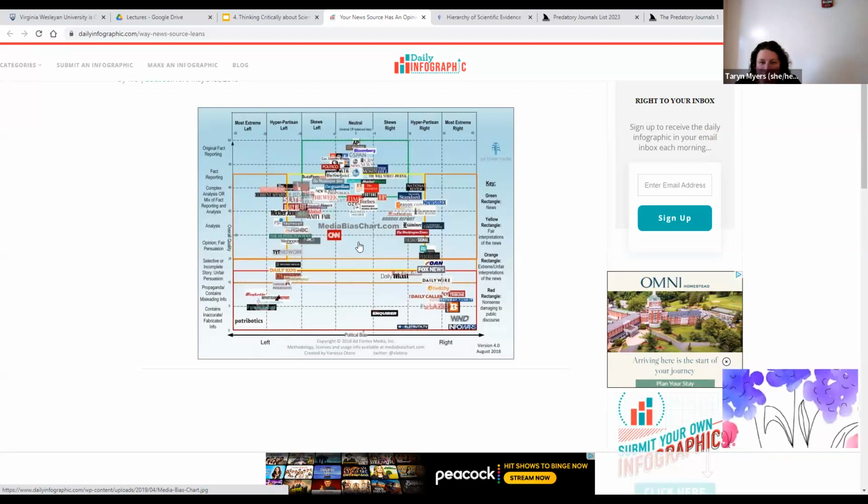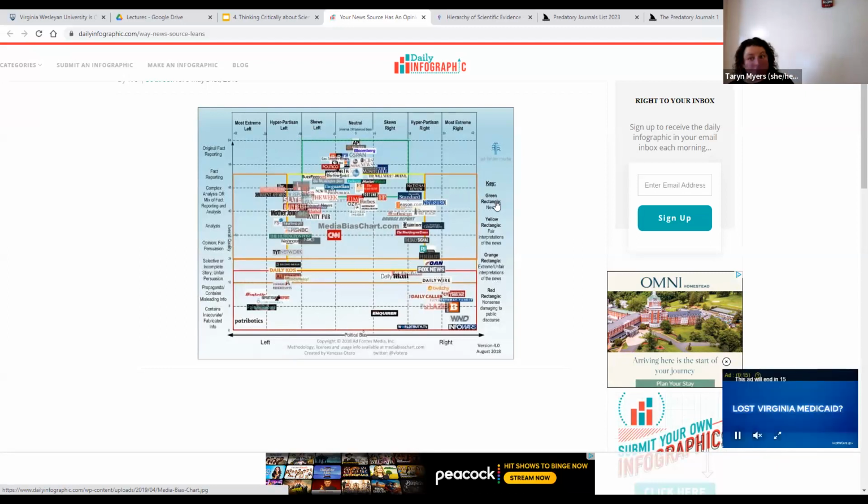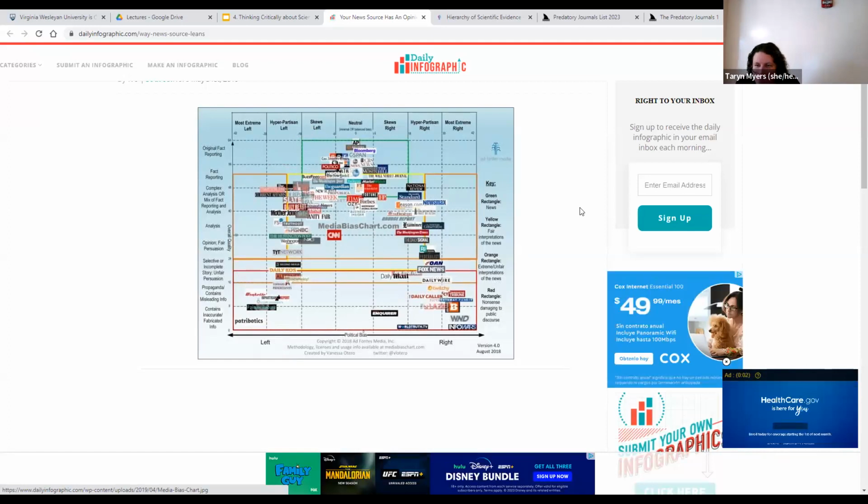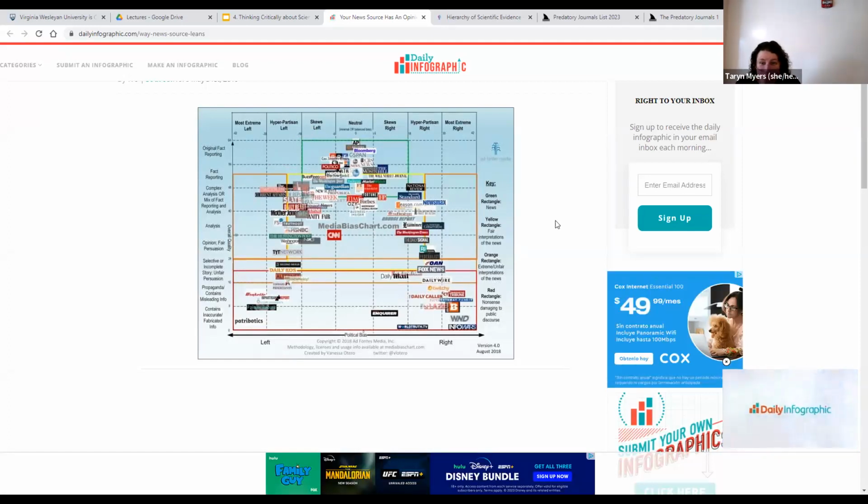They break this down by rectangle. Everything within the green rectangle is covering what they are calling news. Everything in the yellow rectangle is doing fair interpretations of the news. Anything in orange, out here to the sides, is being extreme, pretty unfair in their interpretations of the news.